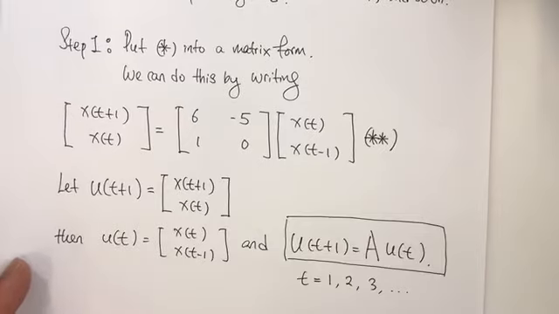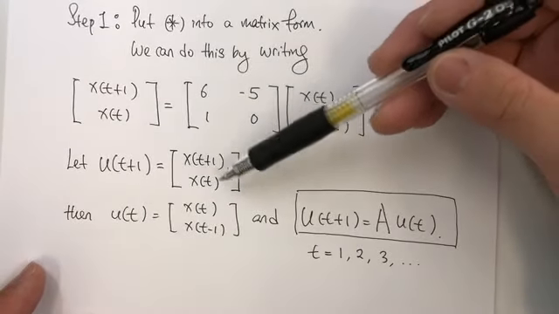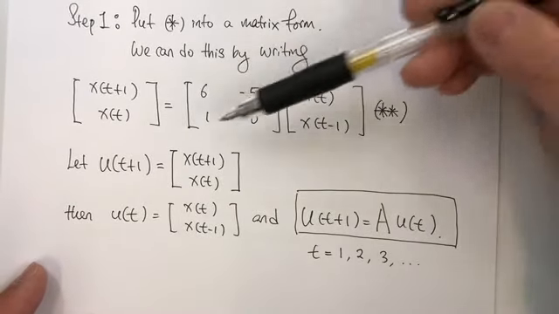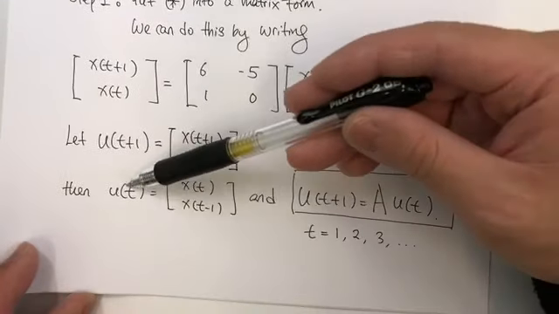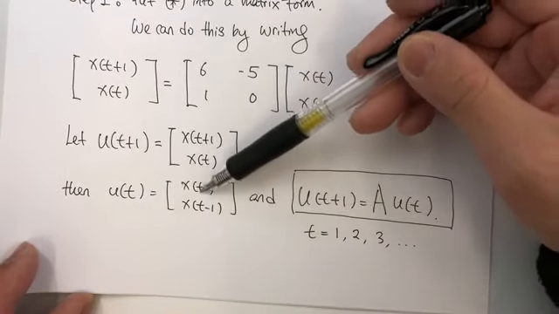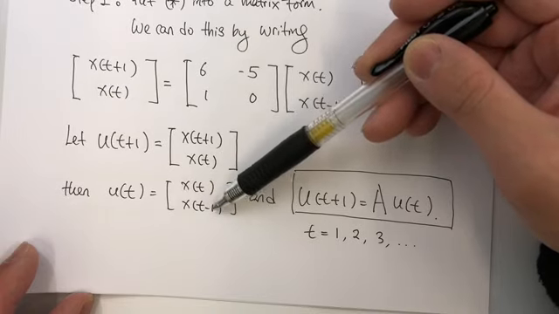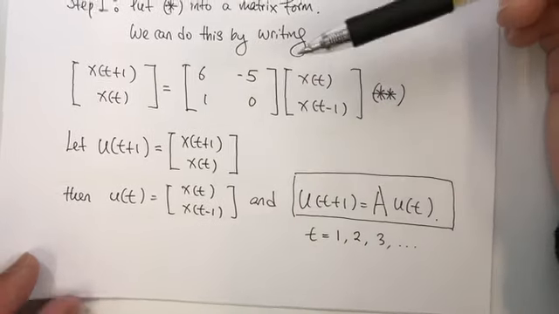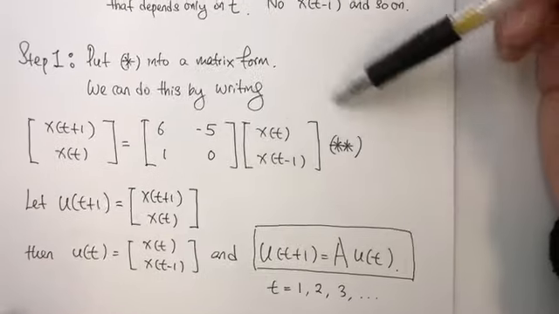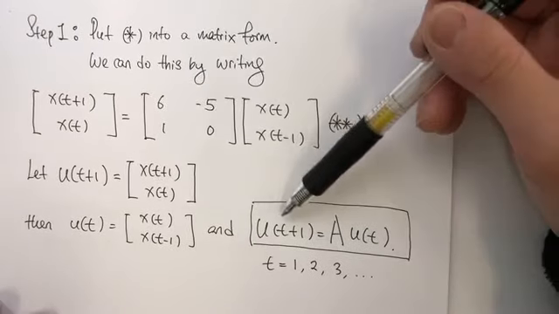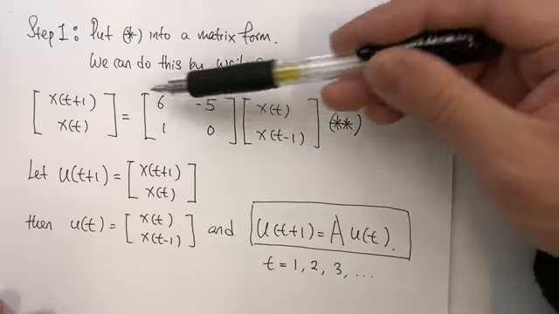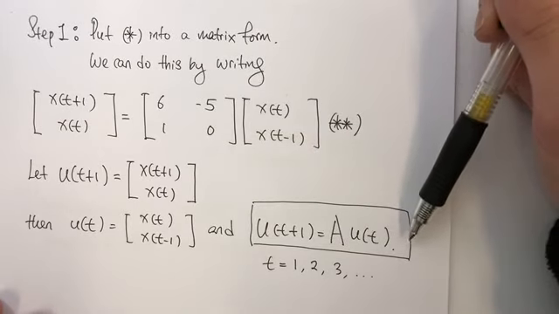Let us introduce some notation. Suppose I call this column vector u_{t+1}. The t plus 1 here will identify with this t plus 1. So if this is switched to t, then this is x_t, and this is one term less, which is x_{t-1}. By using these two notations, the equation double star can be rewritten as u_{t+1} equals the matrix A times u_t.